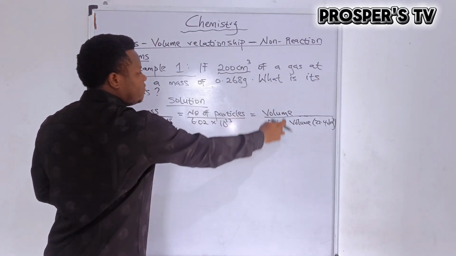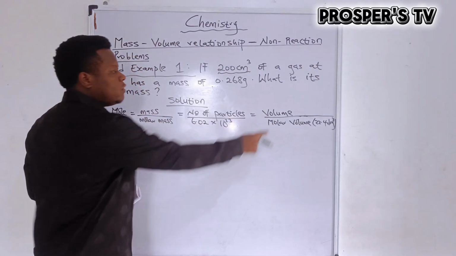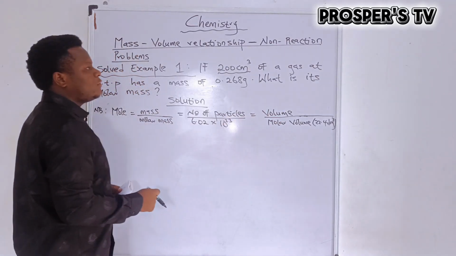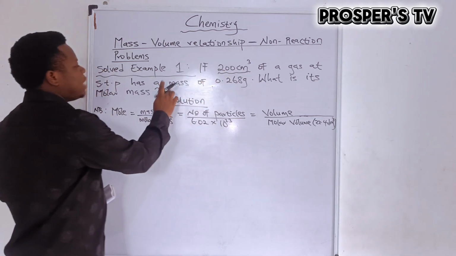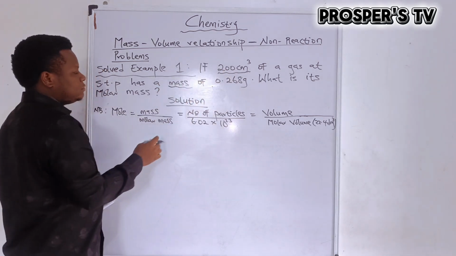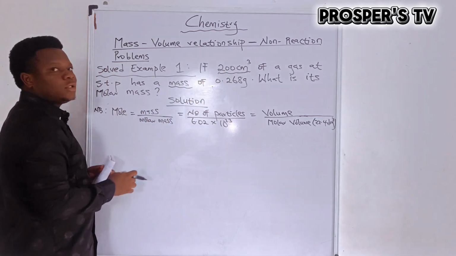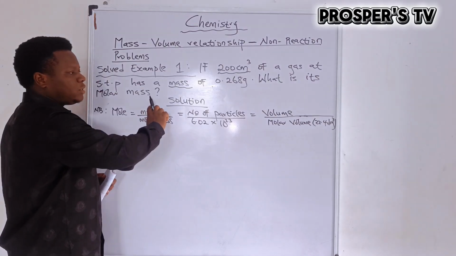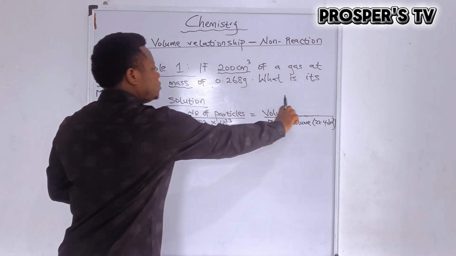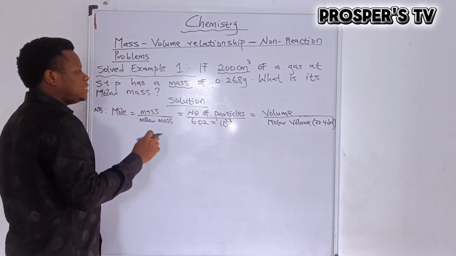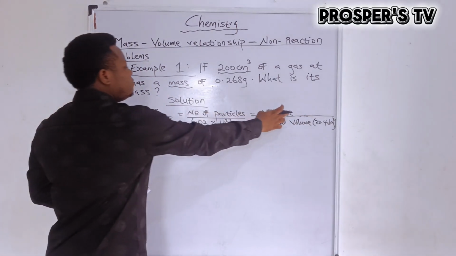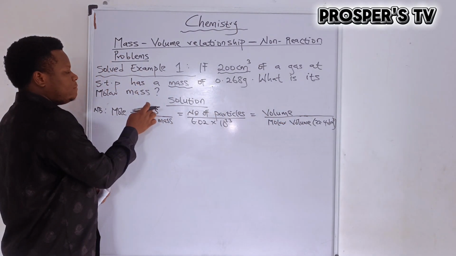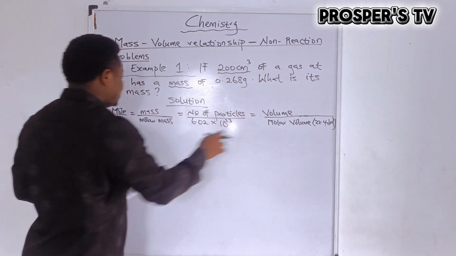So this is the part of the formula that deals with volume. So I would make use of this part of the formula. Also, I have mass. This is the part in the formula that talks about mass. So what I simply do now is I write this part of the formula to be equal to this part of the formula, because the question is relating the volume of a gas and then its mass. So you pick this part and then you pick this part.